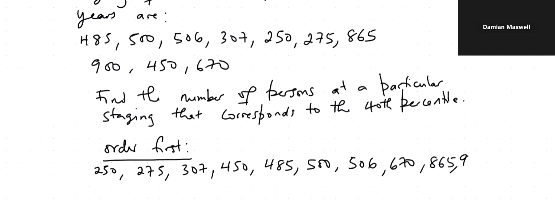I think that's all of them, right? So now you're going to ask yourself, how many data values do we have in total? We have 10 data values in total.